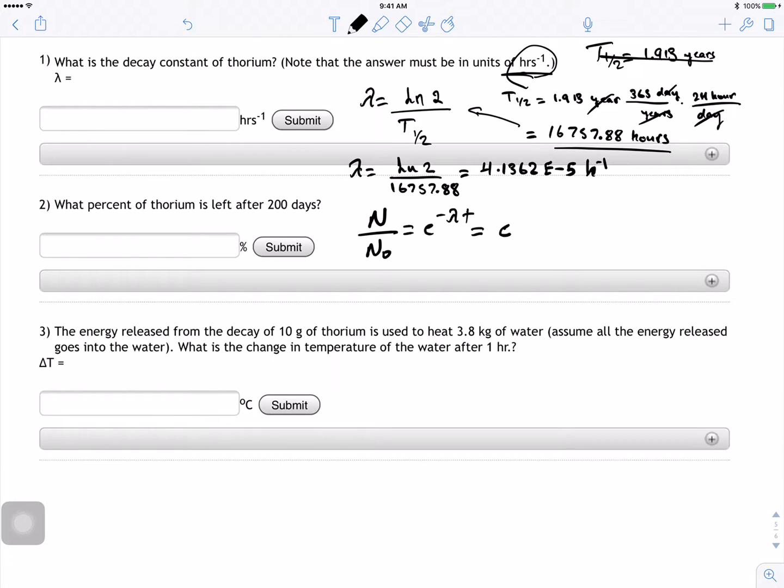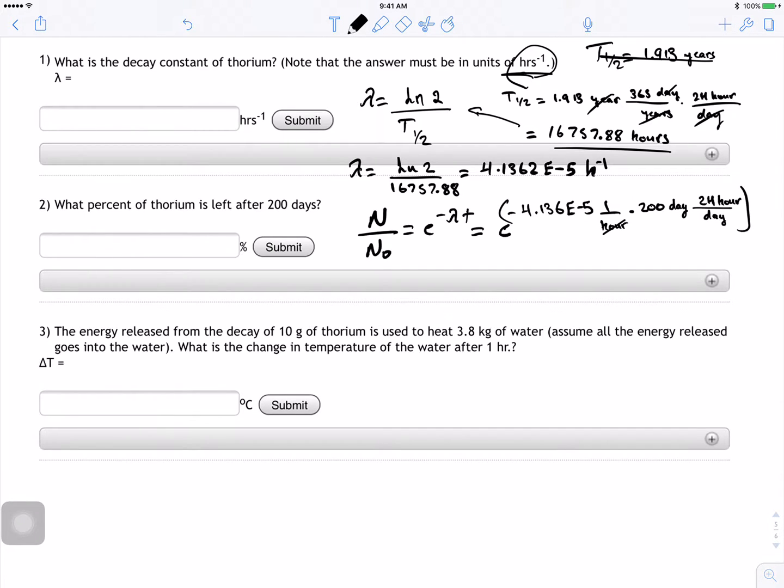So e to the minus 4.136 e to the negative 5 times 200 days, times 24 hours per day.